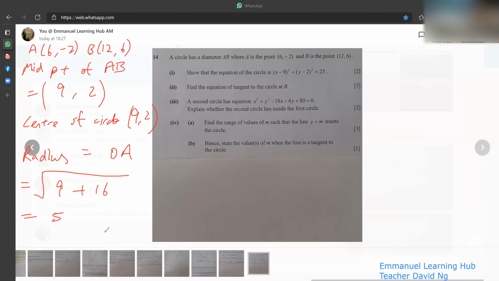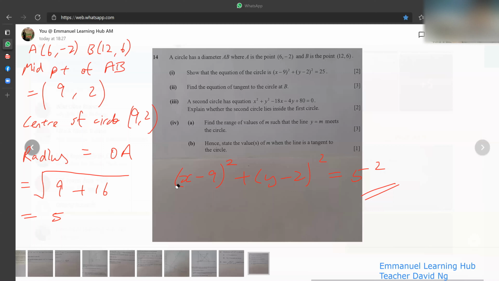You understand this part? 9 minus 6 squared plus 2 squared, so the radius is 5. With the radius and center, the equation is easy: x minus 9 squared plus y minus 2 squared equals 5 squared. Isn't this the equation of the circle? So you've shown part 1.